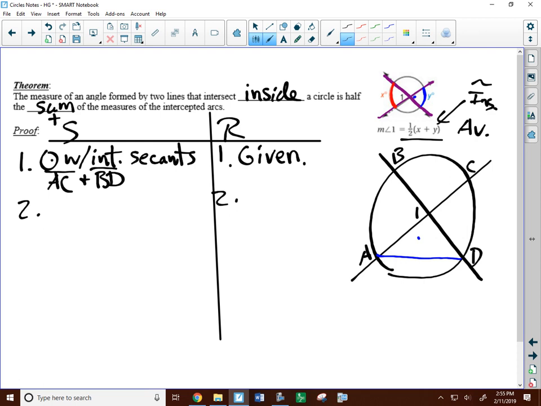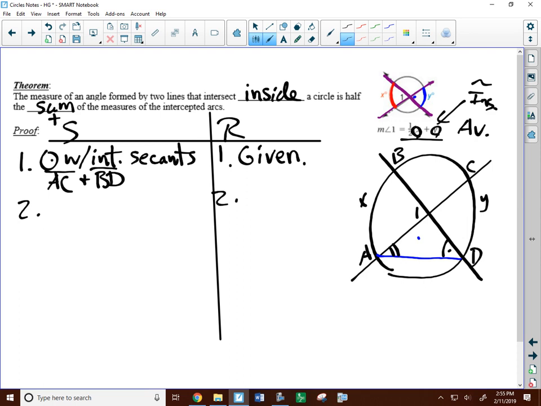Okay, so here's what I'm going to do. I'm going to do each of these angles down here, like angle BDA and CAD. I'm going to use the inscribed angle theorem, because look at this, X and Y. This is X and this is Y. So I need to get BA and CD involved.